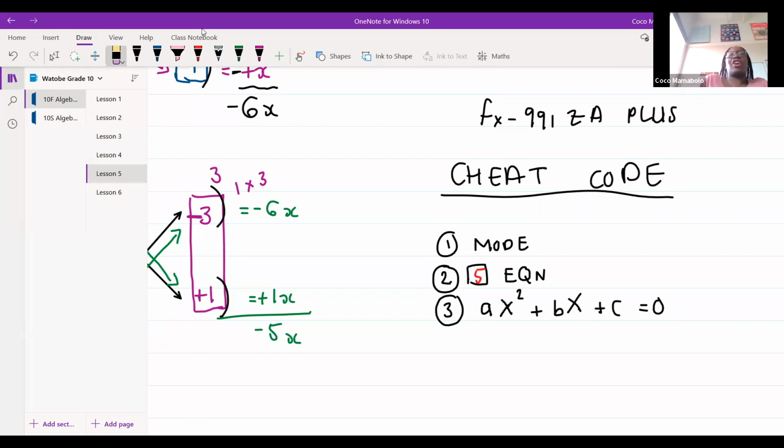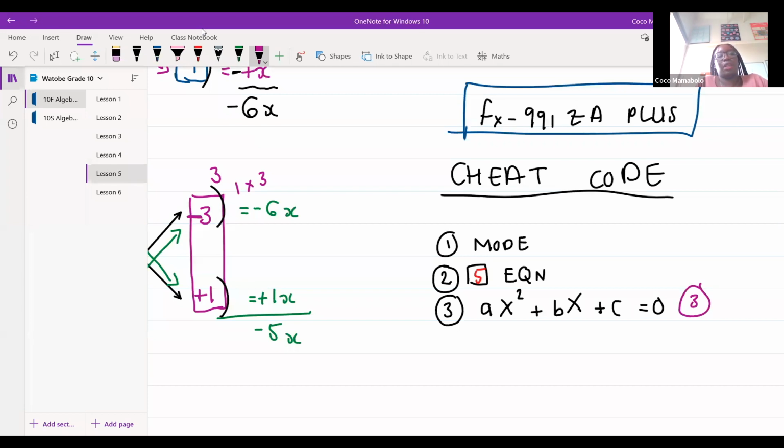Okay, the one that I've got, Shaden, is this one, guys. I'm sorry. Guys, this is how you do it. You click 5 and look at what comes up. This is option 3. If you click option 3, what comes up is A like this, B like this, C like that.